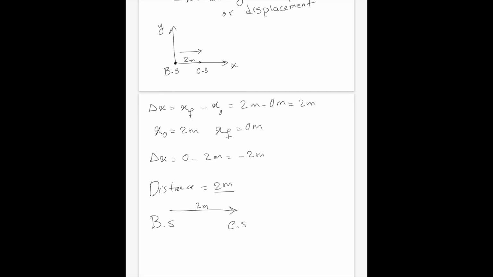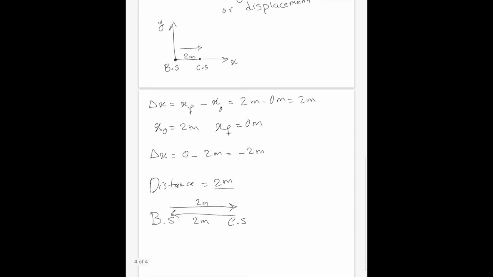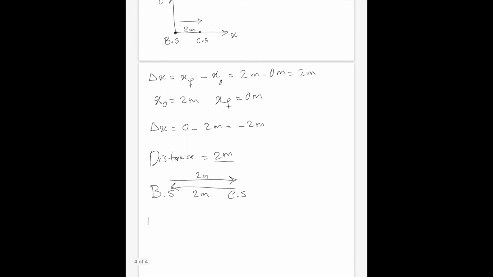But what happens when we travel back from the coffee shop to the bus stop? Now, as we saw, the displacement was negative 2 meters. The distance was 2 meters. But now the distance traveled is 2 meters plus 2 meters, or 4 meters.